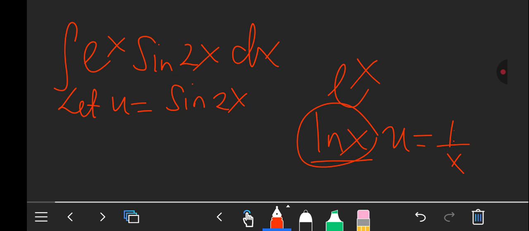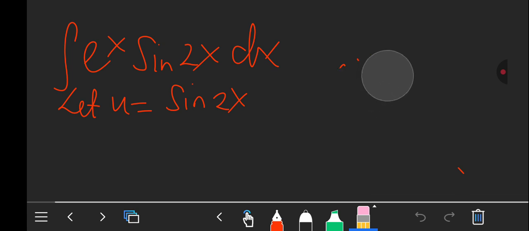But when you differentiate e to the power x, it is going to take you many times, but the answer will still be e to the power x. So no wonder I've let my u be sine 2x.